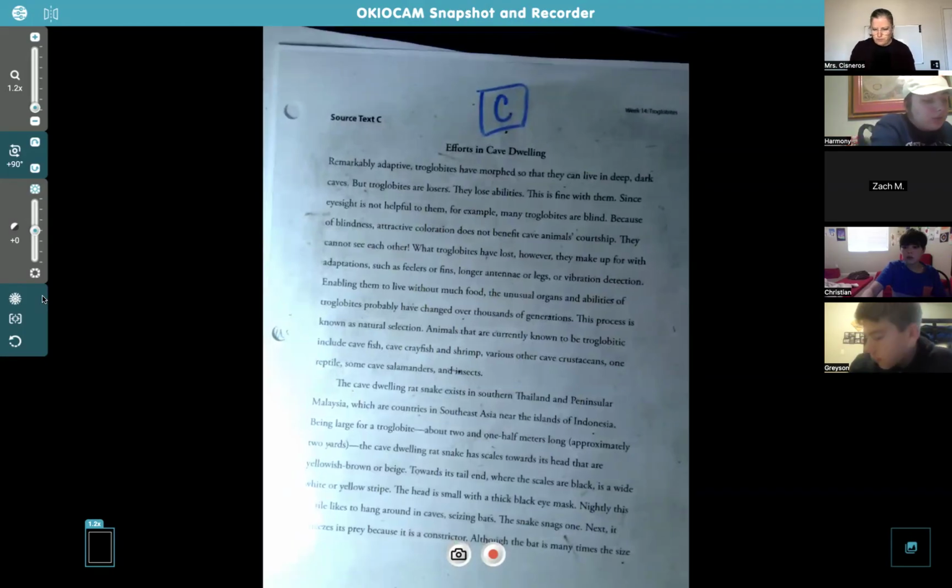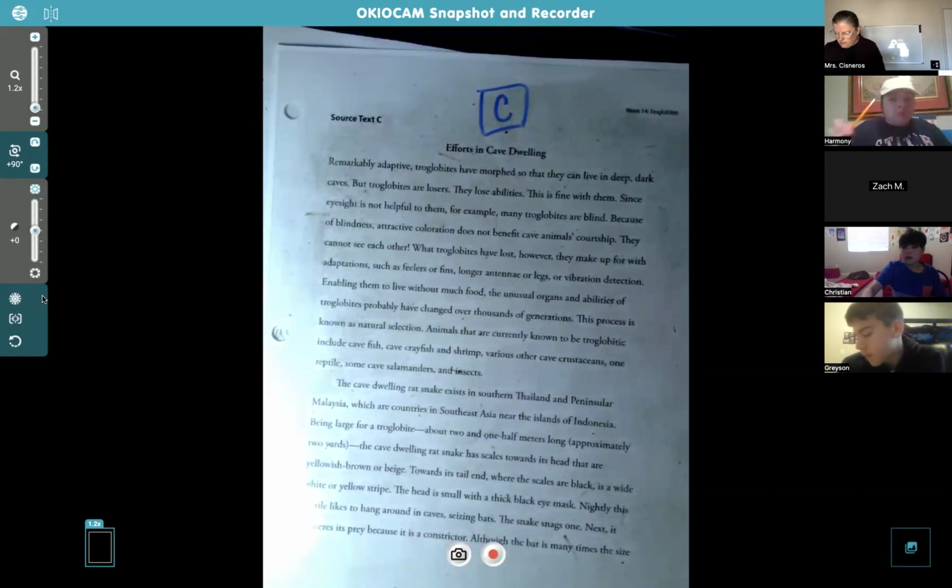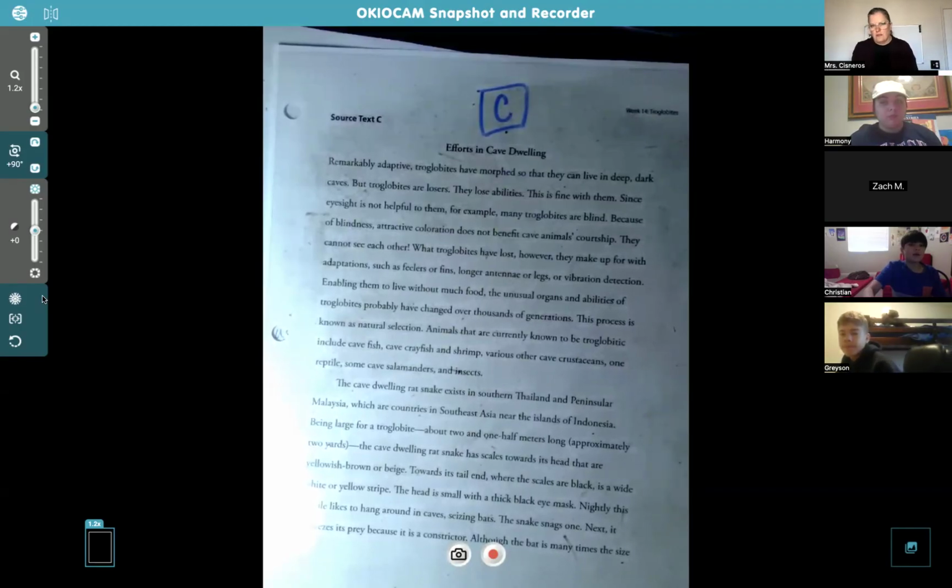All right. Remarkably adaptive troglodytes have morphed so they can live in dark, deep pit caves. Yes, good. These abilities, eyesight is not helpful for them. Blind. Coloration does not benefit them. Good. Can't see each other.